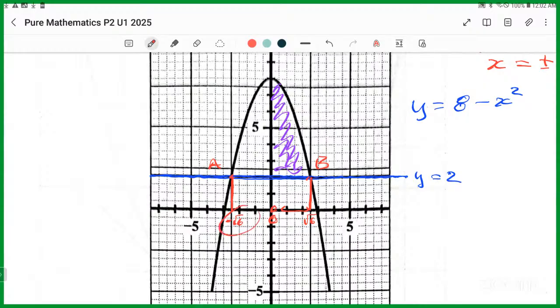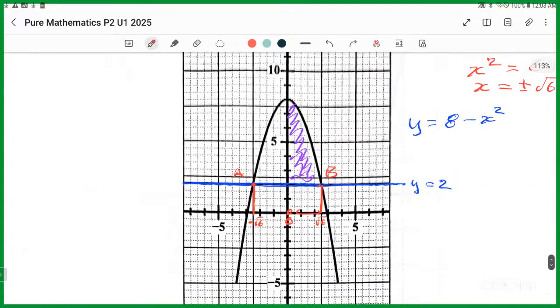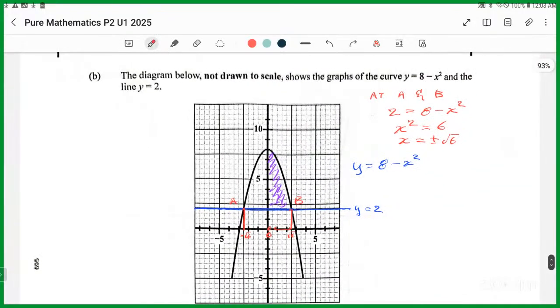We don't have to use the negative limits. The volume generated under the curve, minus the volume generated under the line. Remember, the volume is pi times the integral of y squared dx between the limits.